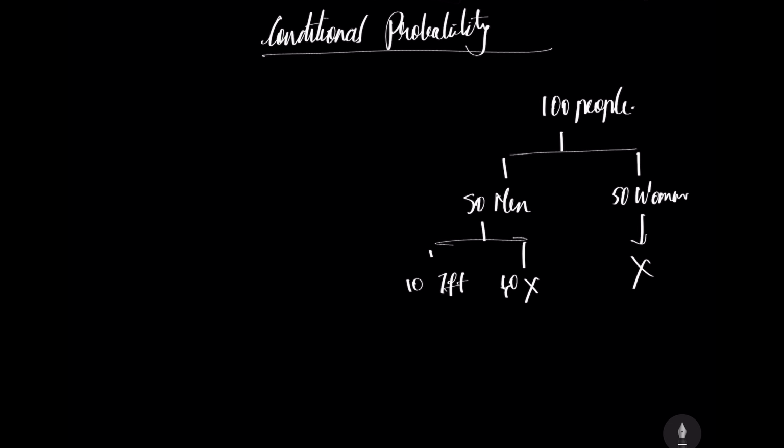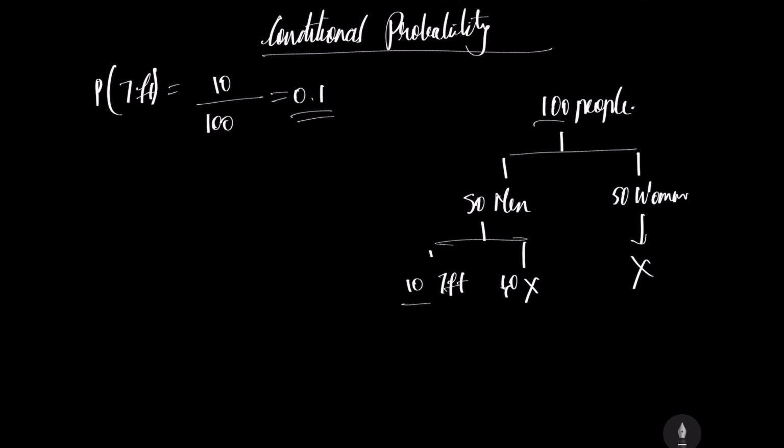Now, here's an experiment. If we were to pick one person at random of these 100 people, what is the chance that this person is 7 feet tall? So that would be the probability that this person that we picked at random is 7 feet tall is equal to 10, because this is all the 7 feet tall people we have in the sample space of 100.